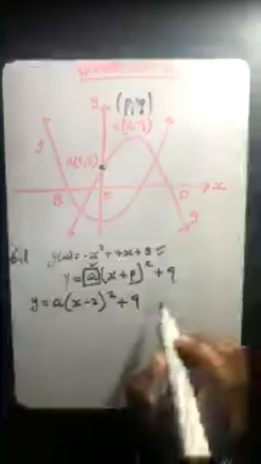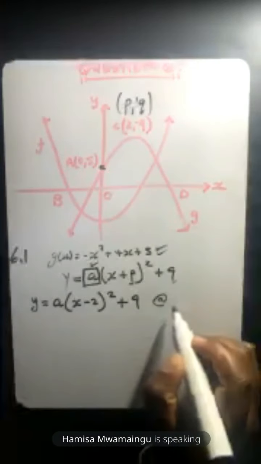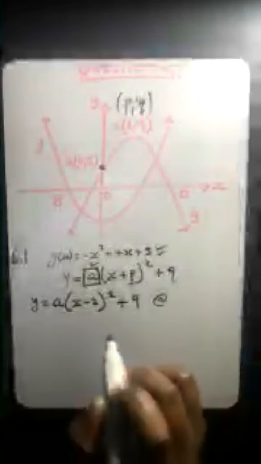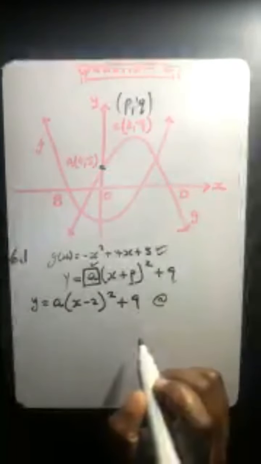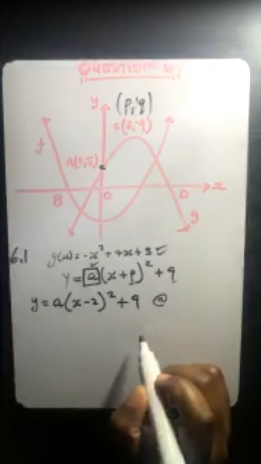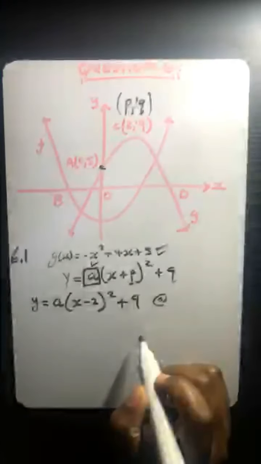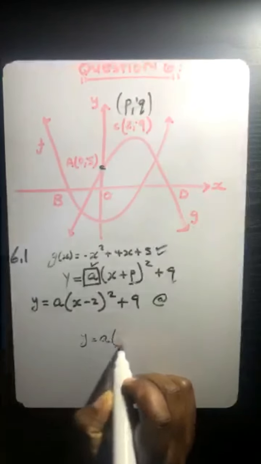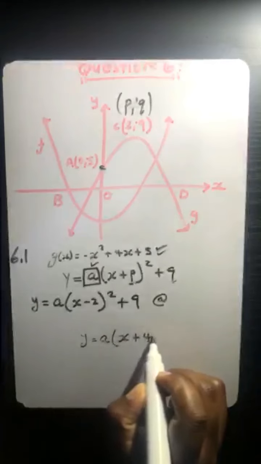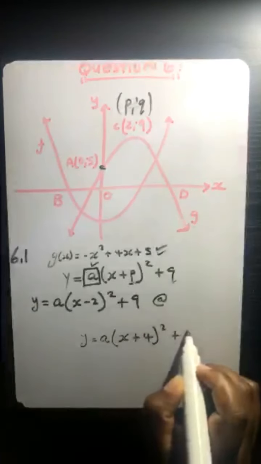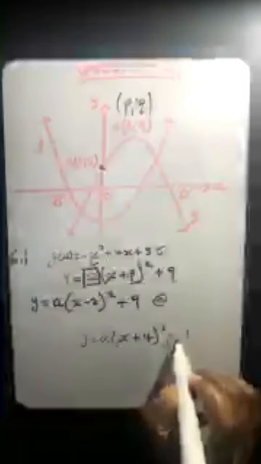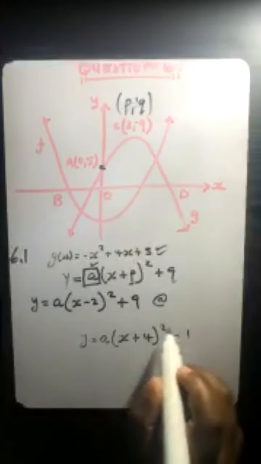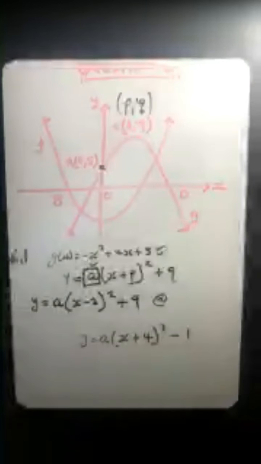May I ask why you do that? Okay, but do you know that if you are given, for example, y is equals to a into x plus 4 squared maybe plus 1, no, let me say negative 1. You tell me, how do you get the turning points of that equation?